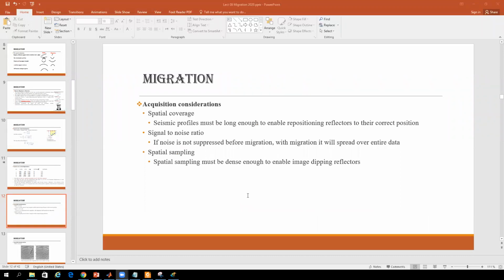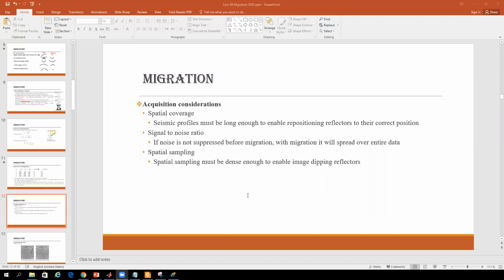This is also telling us that we have to acquire our seismic data with very large spatial coverage, and we have to take some consideration into our acquisition.